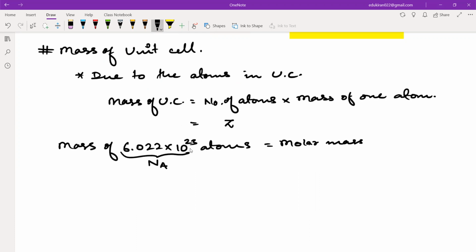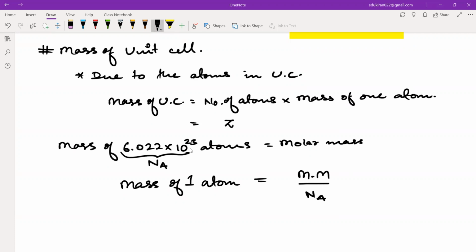So the mass of Na atoms is equal to the molar mass, and hence the mass of one atom, by the unitary method, is equal to the molar mass divided by Na. Is that clear? Yes or no?